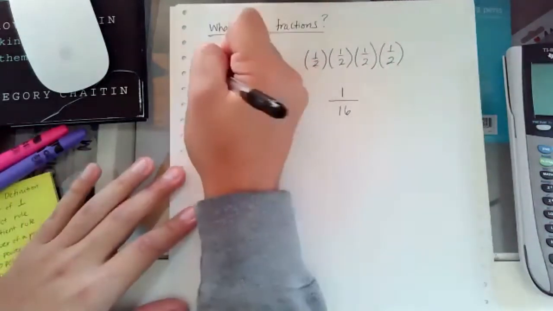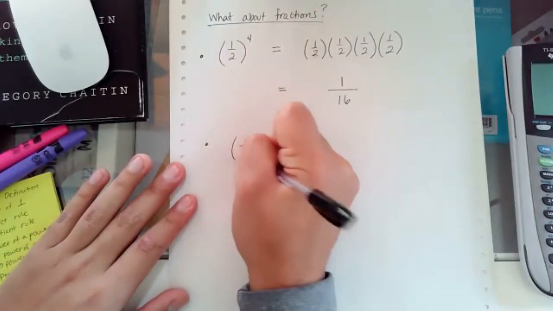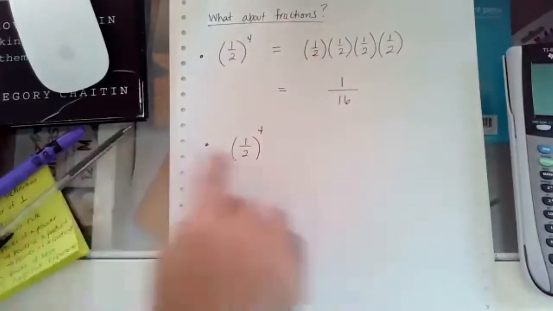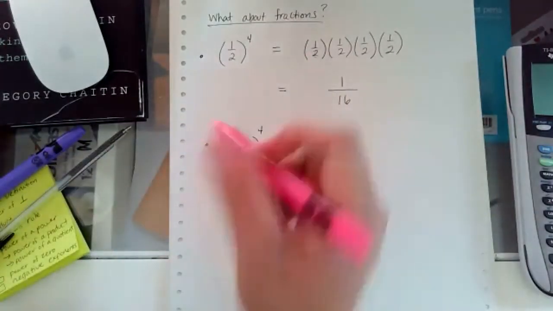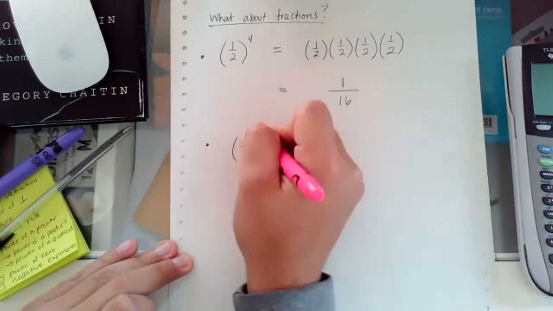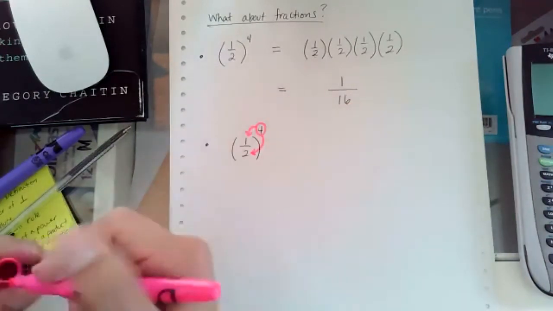Alternatively, what you could do is say that this 4 belongs to both the bases on the top and on the bottom.